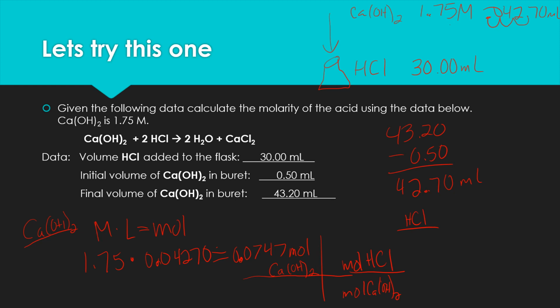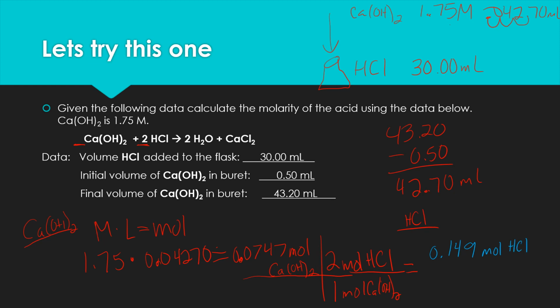And we're going to look at our coefficients on our balanced reaction. So 1 mole of calcium hydroxide is 2 moles of HCl. So now we're going to be at HCl. I'm going to go ahead and change my color here so we can keep track. So we have 0.0747 times 2 gives us 0.1494, so 0.149 moles of HCl.